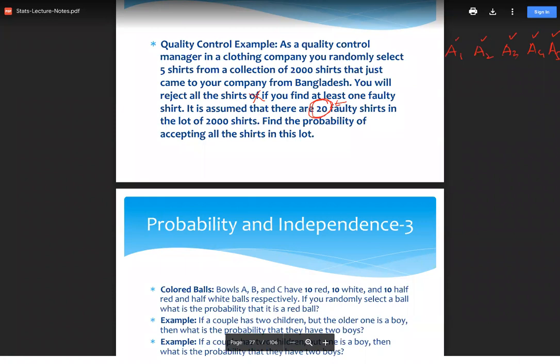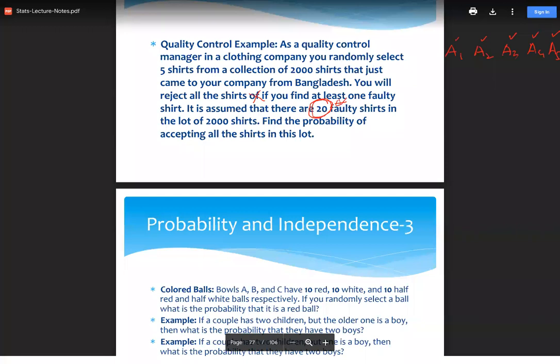So now, what is the probability that the first t-shirt will be a good t-shirt? Anyone? How many good t-shirts from the experience you had here? 20 are bad.